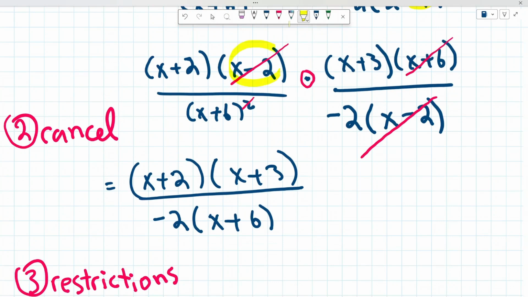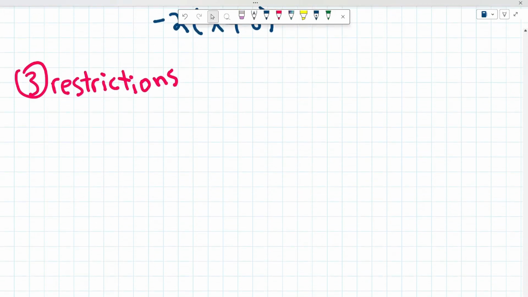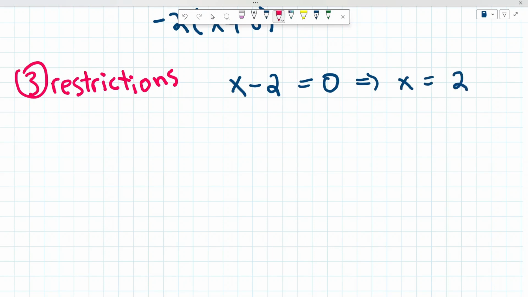We've canceled out an x minus 2, and we've also canceled out an x plus 6. Let's look at those restrictions first. If we have x minus 2, we set that equal to 0 to find our restriction. That means x equals 2. Therefore, our restriction is x cannot equal 2.